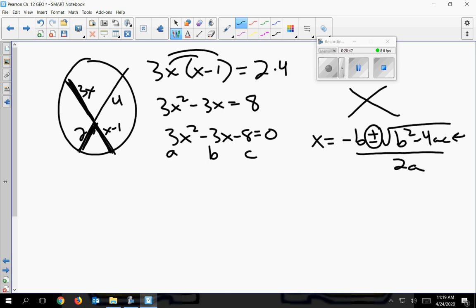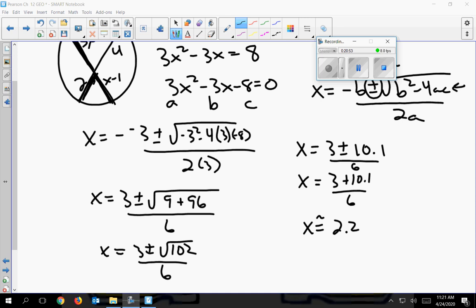So if you want to hit pause, you can do that, and we'll put the solution on in a little bit. Okay, so remember, a lot of work here. So right here, I plugged everything in and did all my math. When I get down to here, what I did was I took the square root of 102.